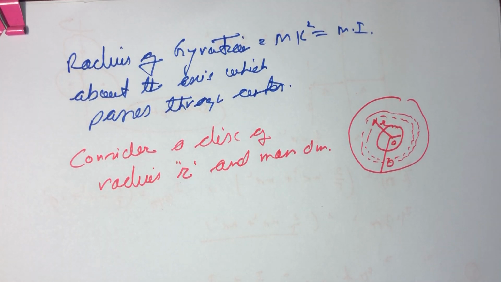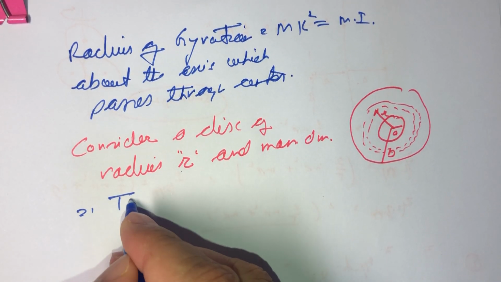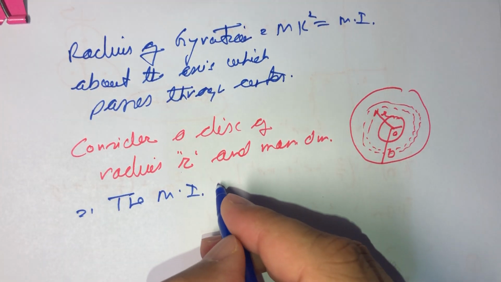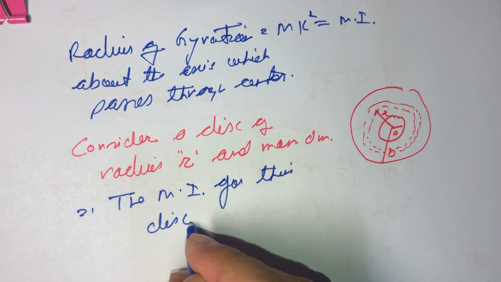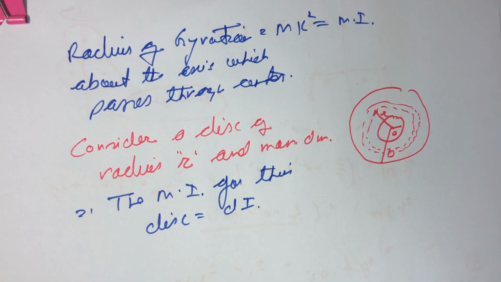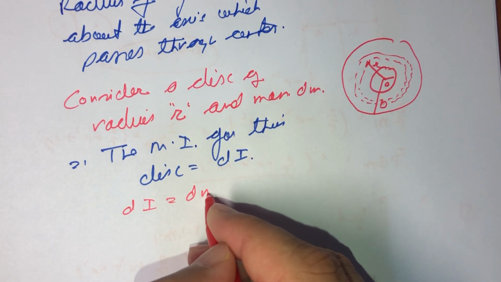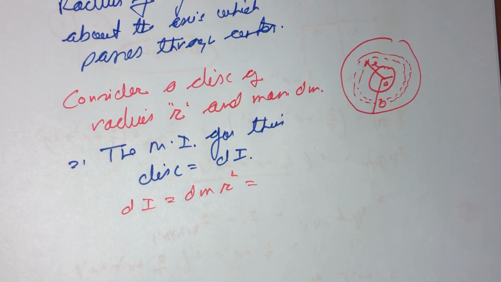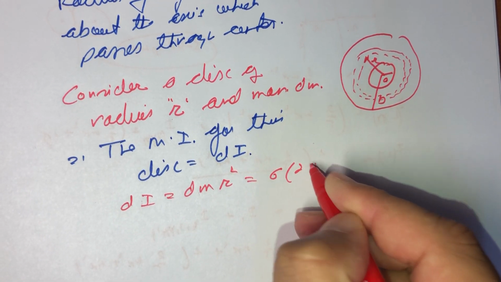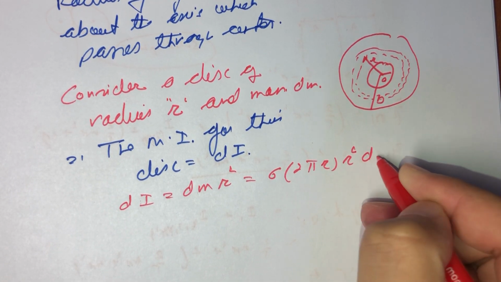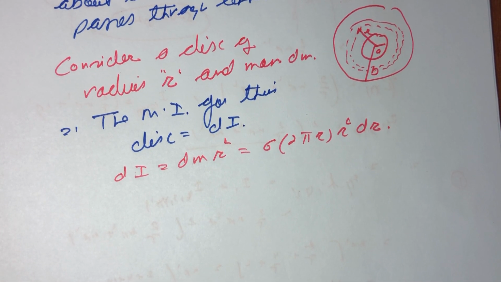So for this disk we can write the moment of inertia dI, and dI will be equal to dm r square, which can be written as sigma 2 pi r dr times r square, and mass per unit area is given as sigma naught upon r.